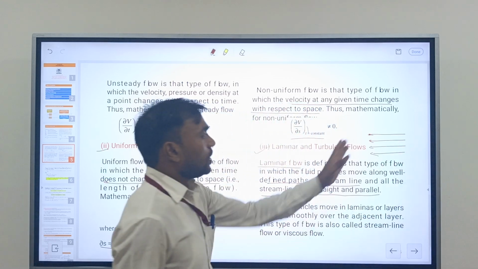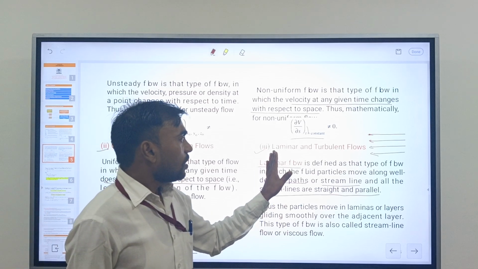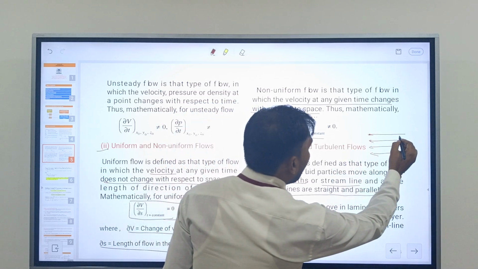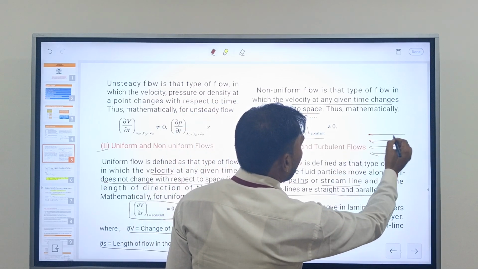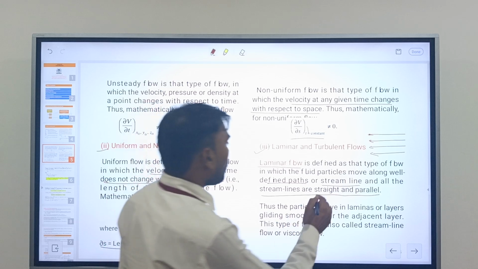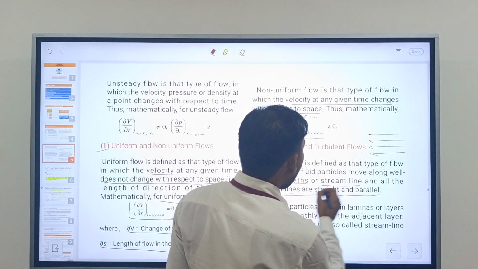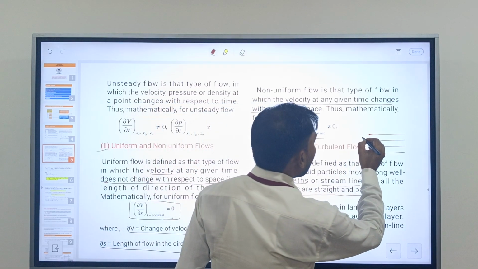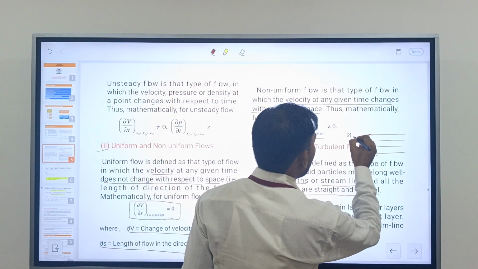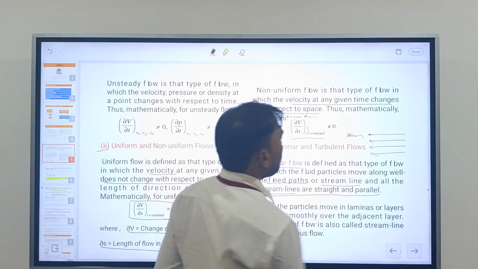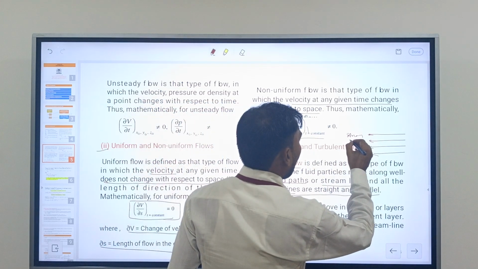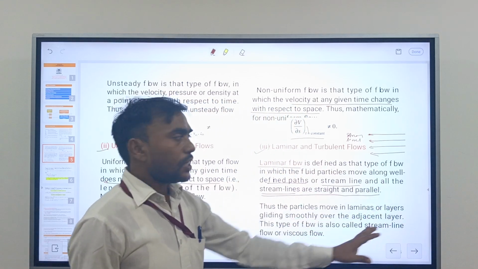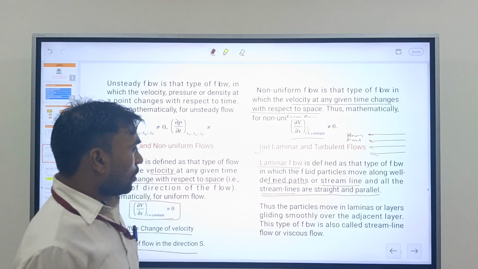This type of fluid flow is known as laminar fluid flow, in which the fluid particles move along a well-defined path and all the streamlines are straight and parallel to each other. These lines are known as the streamlines, and these lines are always parallel during laminar fluid flow.